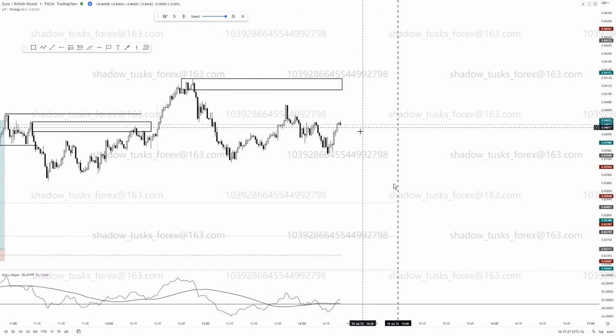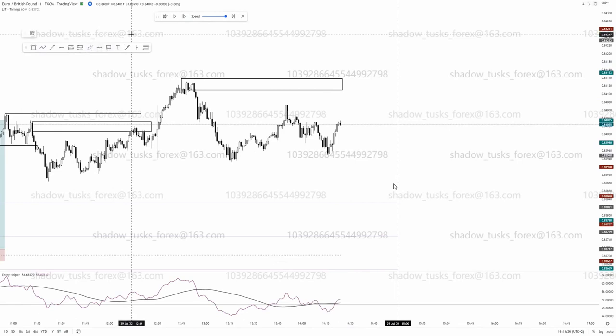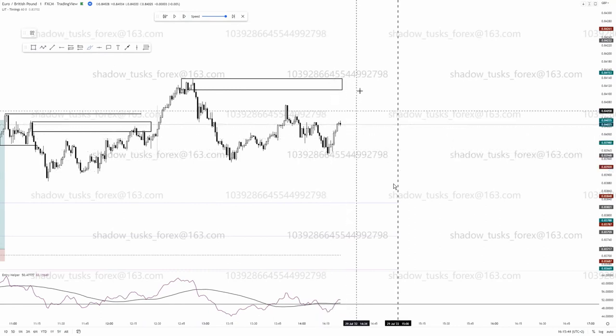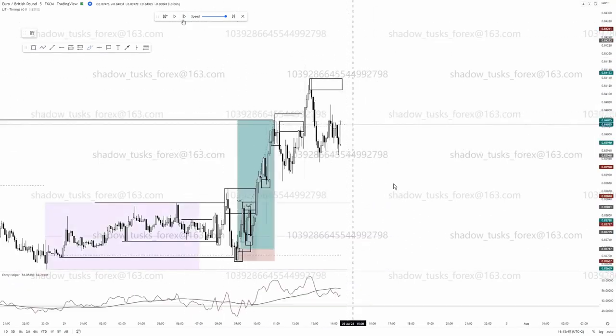What is the main point of New York Open? What is the relationship between New York Open and New York Trap? Ideally, in a super ideal scenario, New York Open provides the false move for New York Trap to reverse against it.